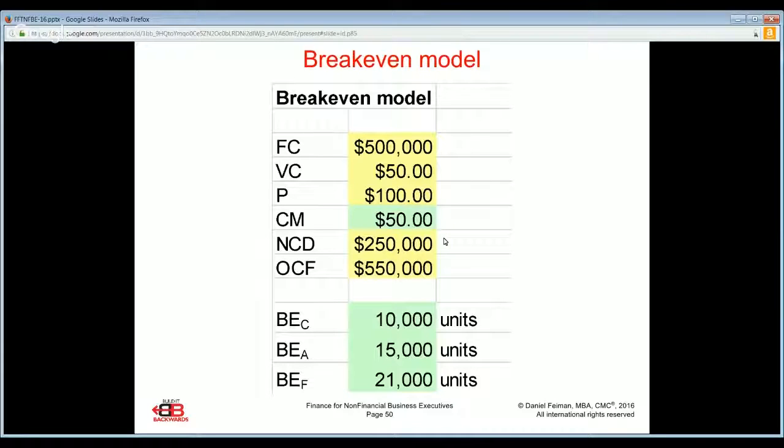So based on the formulas that we just looked at, with 500,000 in fixed cost, 50 in variable cost, 100 as our selling price, the cash break-even would be 10,000 units. And if you want to prove that out, merely move to the right, create a little income statement: 10,000 units at selling price of 100, there's your 1,000,000.